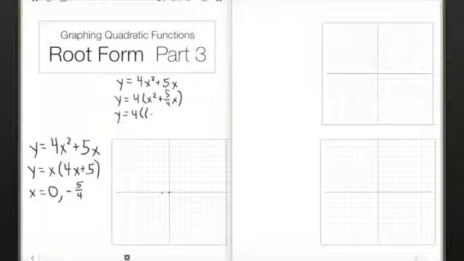Then we take half of 5 over 4, which is going to be 5 over 8. Squared minus this squared, minus 25 over 64.